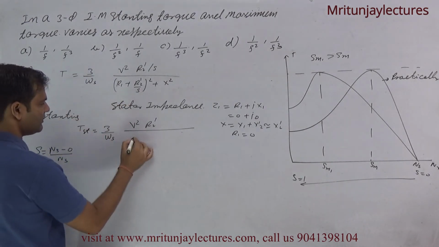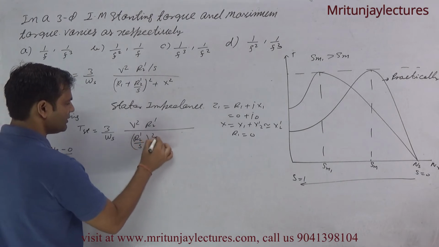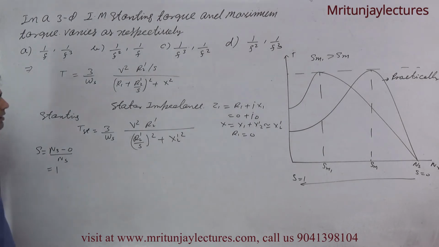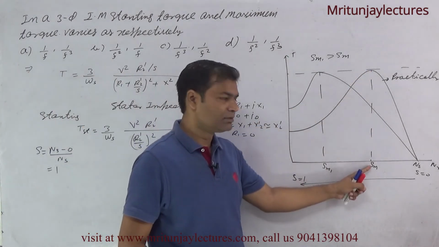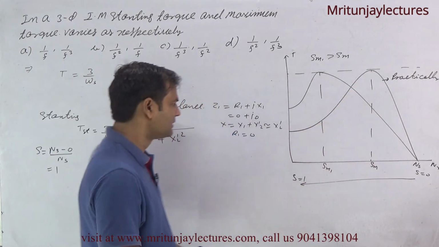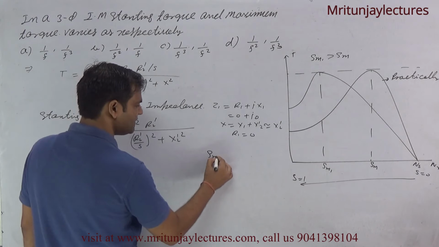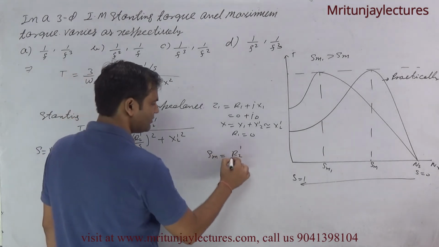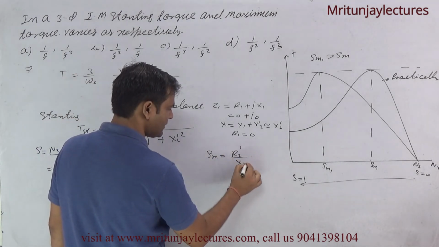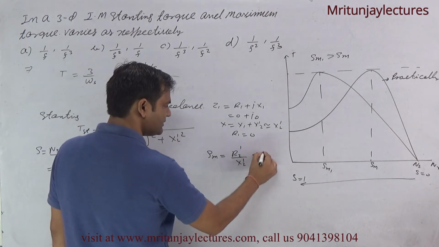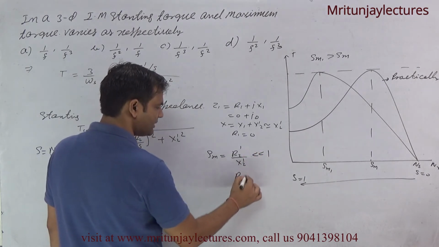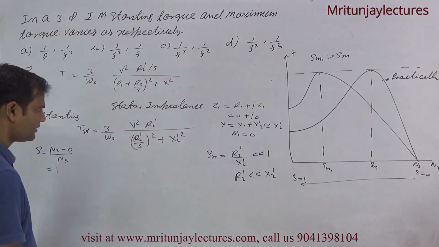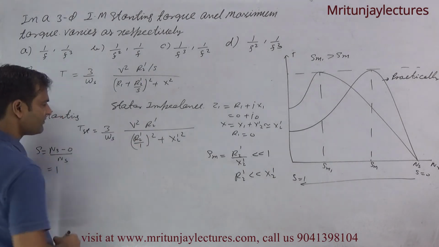Clear? Practically a three-phase induction motor operates in this region, where the maximum slip, if stator impedance is neglected, is SM equal to R2 dash by X2 dash. This is less than 1, so you can say that R2 dash is less than X2 dash.